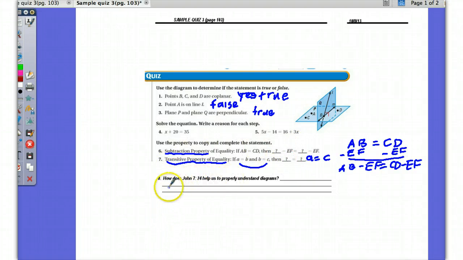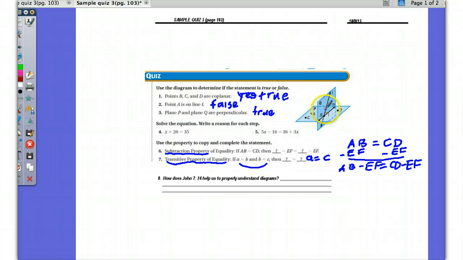And number 8 here, how does John 7:24 help us to properly understand diagrams? Well, John 7:24 tells us that we should not judge according to appearances. For example, going back to this diagram here, we could be tempted to say, well, this plane is upright vertically and this plane is horizontal, therefore the planes must be perpendicular.